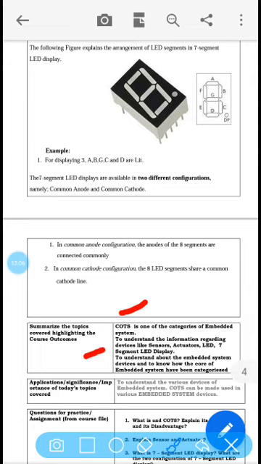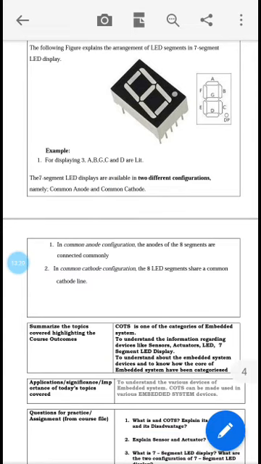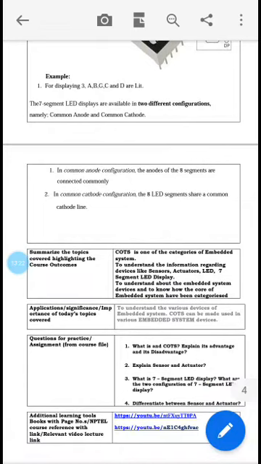So the outcome of this topic is to understand the embedded system devices and to know how the core of embedded systems has been categorized. Next we will see the applications or importance of today's topic. One of the significances is to understand the various devices of embedded systems, and COTS can be made use of in various embedded system devices.